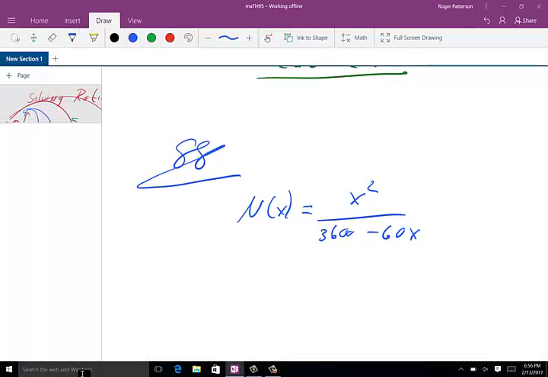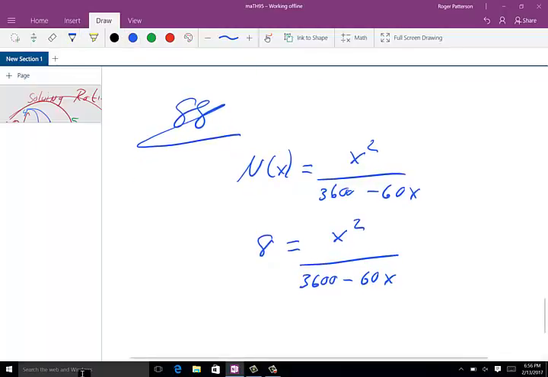Okay, part A, approximate x when N of x is 8. So we're going to put 8 where this is. This is what I'm trying to solve. Any ideas on how we should solve that? Multiply both sides by 3600 minus 60x.